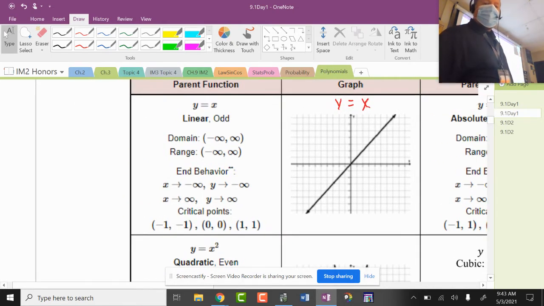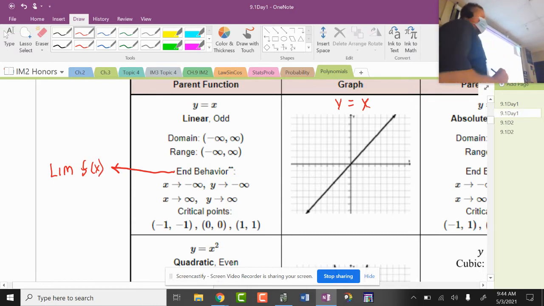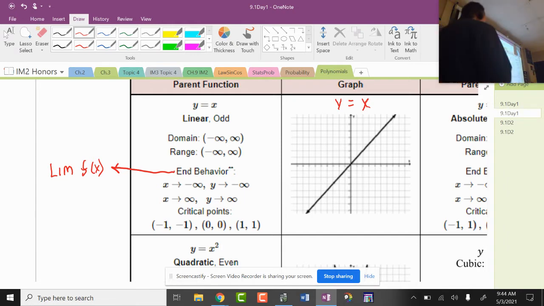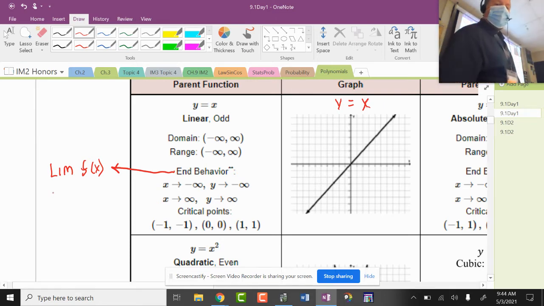We are actually going to use different notation for this. We're going to use what's called limit notation and write this down over there. What that means is the limit of f of x is, limit does mean approaching. That's what I want you to know. It means as x approaches, what does y do? So the limit of f of x as x approaches negative infinity equals negative infinity.